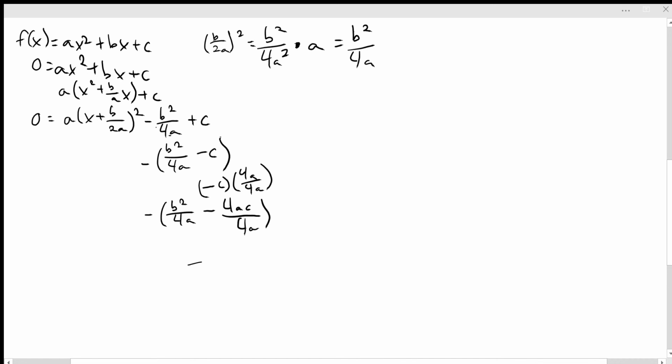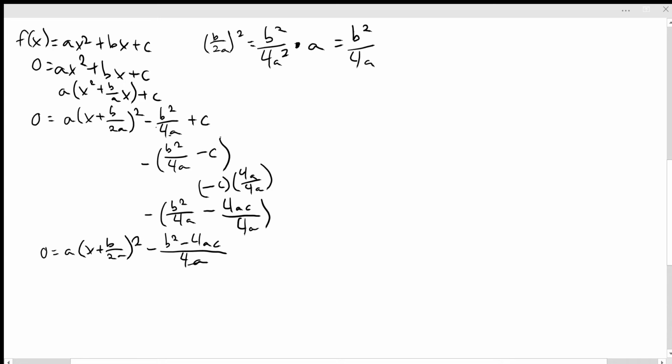And if we carry everything else down, we'll have 0 equals a times x plus b over 2a quantity squared minus b squared minus 4ac over 4a. And now let's add this second part to the other side of the equation.